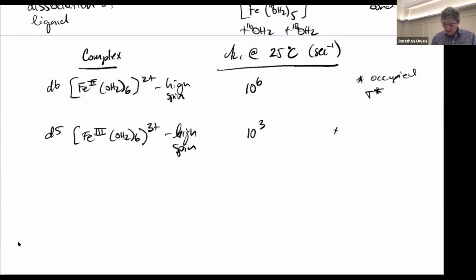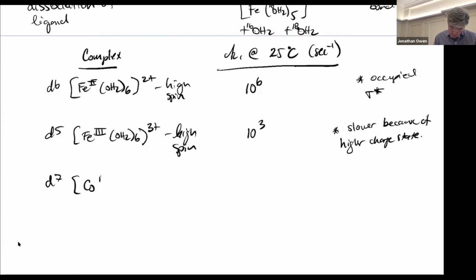It's slower because of that 3 plus ion, but it's still high spin. You still have an electron up in that orbital. Let's do D7 cobalt. D7 cobalt, still high spin. We're back up to 10 to the 6 because it's a 2 plus ion.